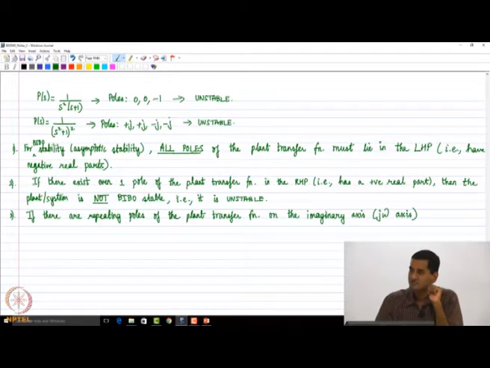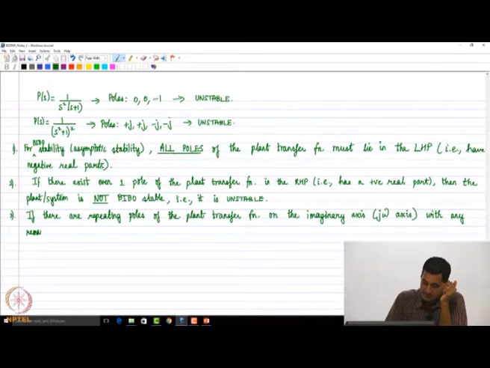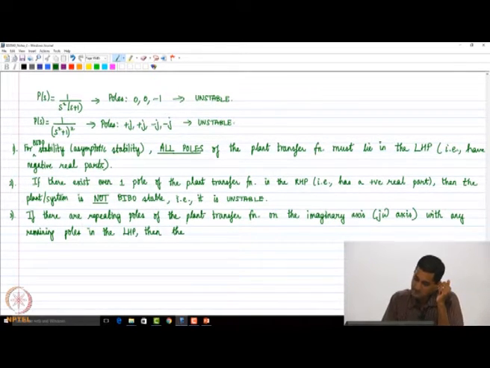Even if there are repeating poles on the j omega axis with any remaining poles in the LHP, then the system is not BIBO stable.